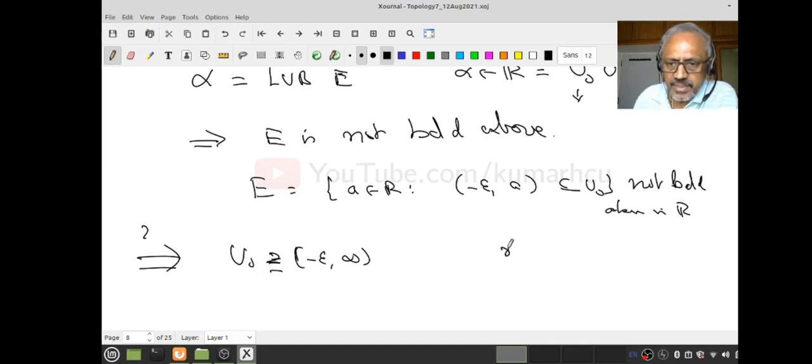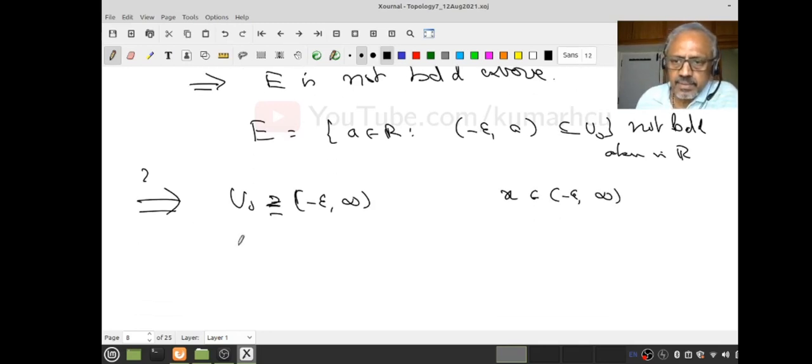Start with any X in the interval minus epsilon to infinity. I have to prove X is in u naught. Now what do I know about X?